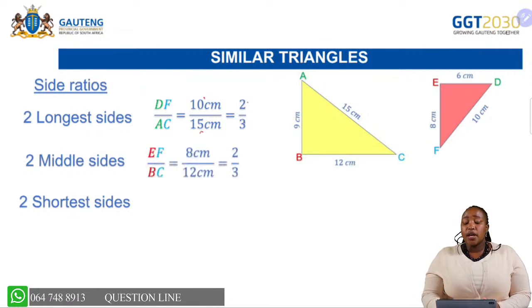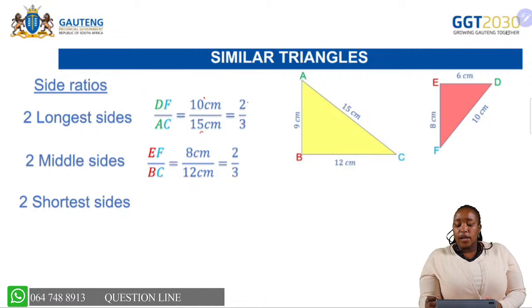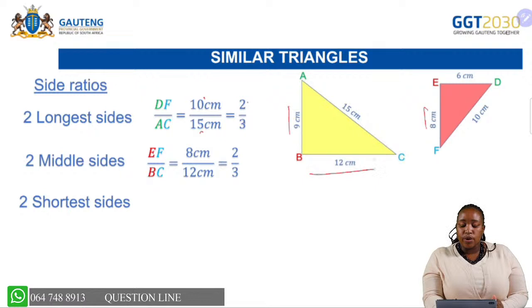Okay, so I had asked you to find the two middle sides, their ratio. So starting with the smaller triangle, okay? The middle side for the small triangle is EF, do you see? Okay? And the value in the bigger triangle that is in the middle would be the 9 centimeters. Did you notice that? Okay, so we are working with EF and, 9 centimeters is a small one, so we are working with BC here.